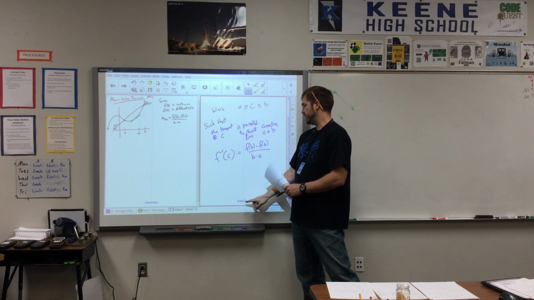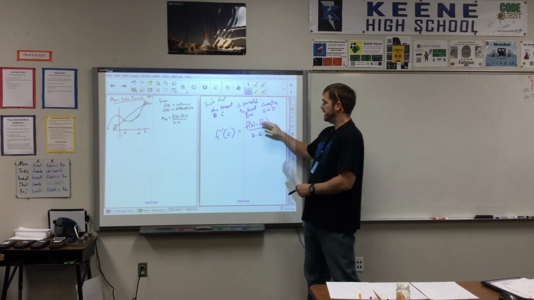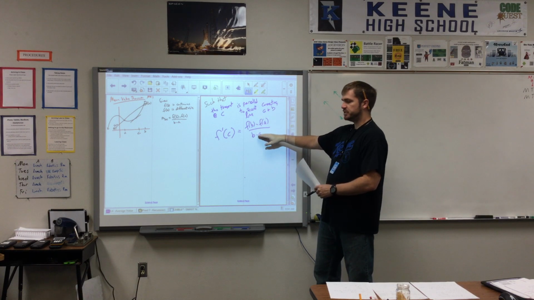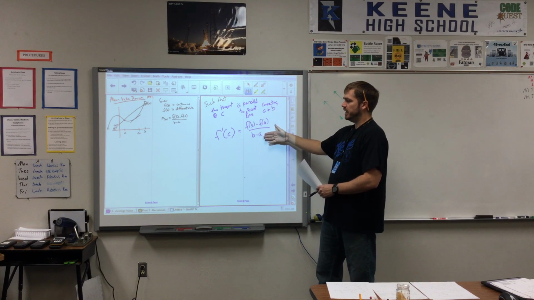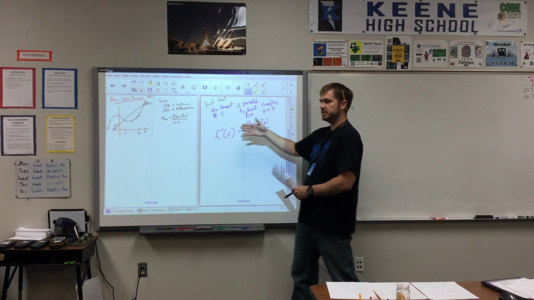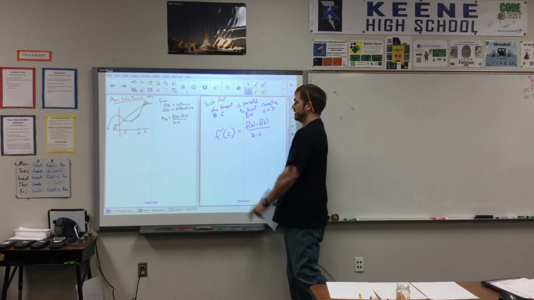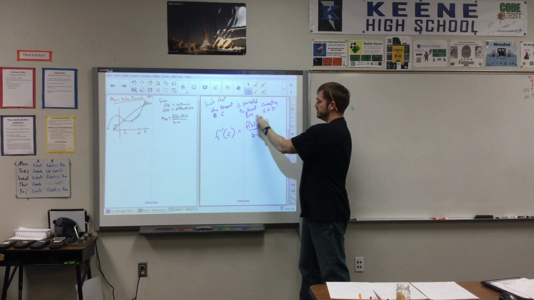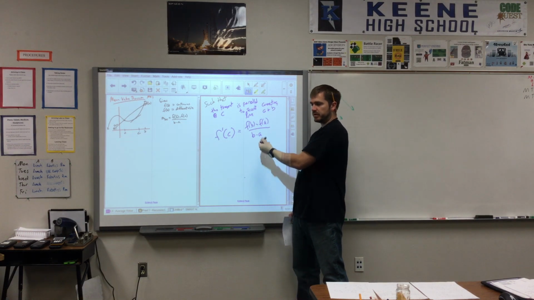There's one more thing that we could say about this. This change in y values over change in x values, if you're looking at something that's a function of time, then what this represents is change in y over change in time. Okay?